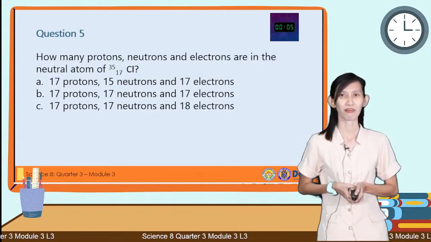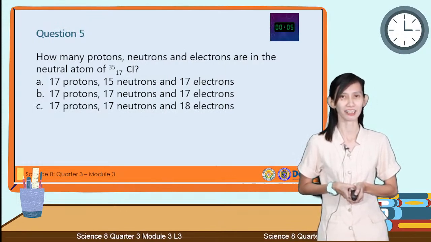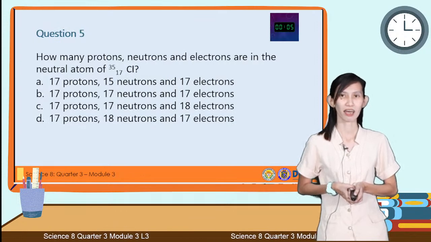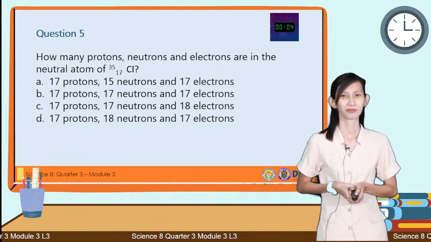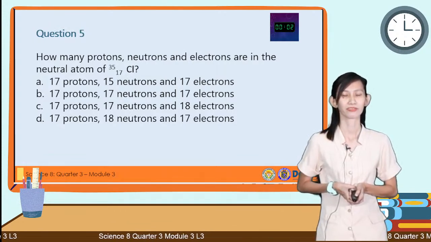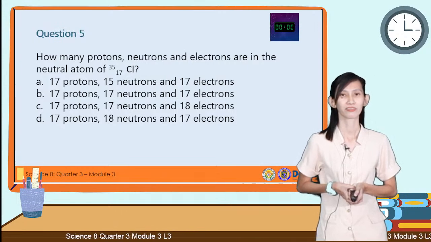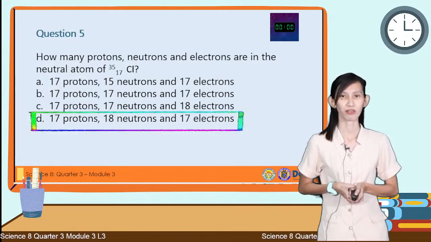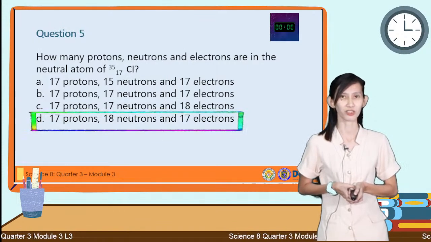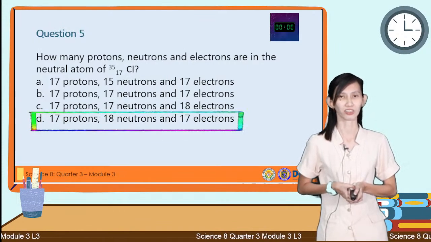C, 17 protons, 17 neutrons, and 18 electrons. Or D, 17 protons, 18 neutrons, and 17 electrons. The answer is D, 17 protons, 18 neutrons, and 17 electrons.